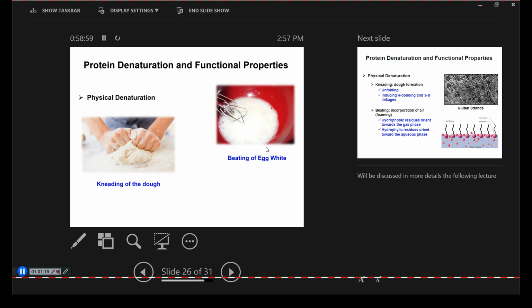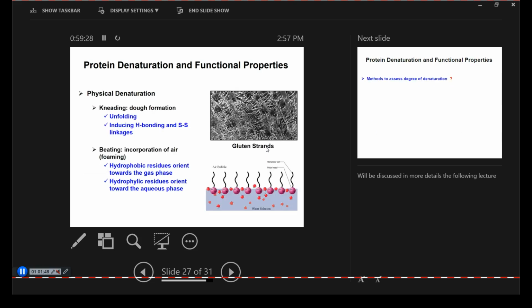Physical denaturation. Here, the example we talked about is kneading of the dough. You have flour, you have proteins in this flour, and then you add water and you start kneading. The physical treatment that you are applying causes the protein to denature. Here you cause physical unfolding, inducing hydrogen bonding and disulfide linkages, thus forming your gluten network.